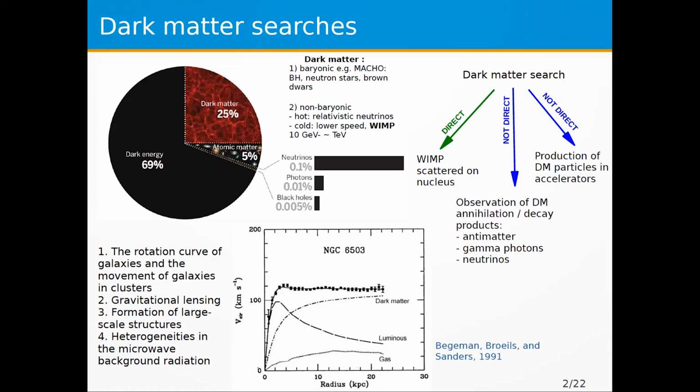If it's still baryonic, then it could be massive objects, black holes, neutron stars, or brown dwarfs. But it seems like there are just not enough of these objects to account for this hidden mass. If the dark matter is not baryonic, then hot relativistic neutrinos could be a solution, or maybe a completely different form of matter.